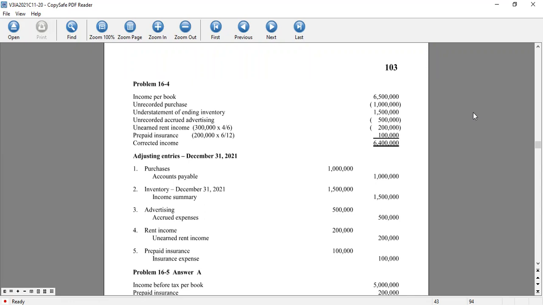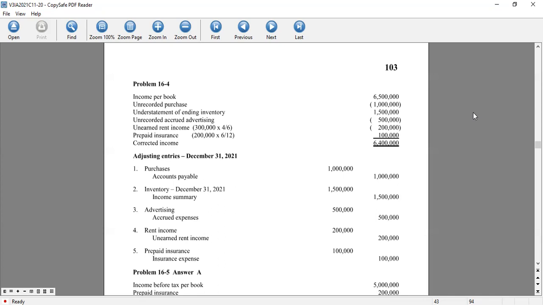So we have now our unearned income to be adjusted for the amount of 200,000. Debit to rent income and credit unearned rent income. Number 5, we have the prepaid insurance. So debit to prepaid insurance, credit to insurance expense in the amount of 100,000. Now the rest will be in multiple choice.